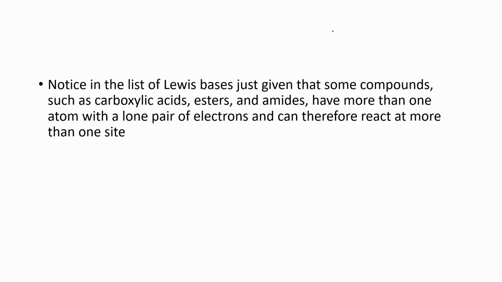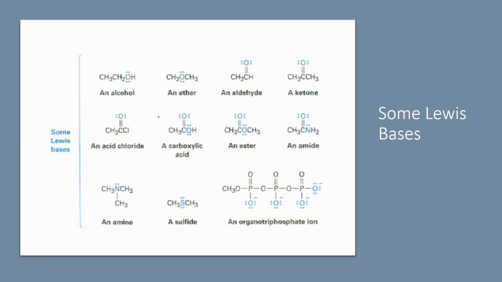Notice that in the Lewis bases just given, some compounds such as carboxylic acids, esters, and amides have more than one atom with a lone pair of electrons. You can see that they have two oxygens. How will this pose a problem?